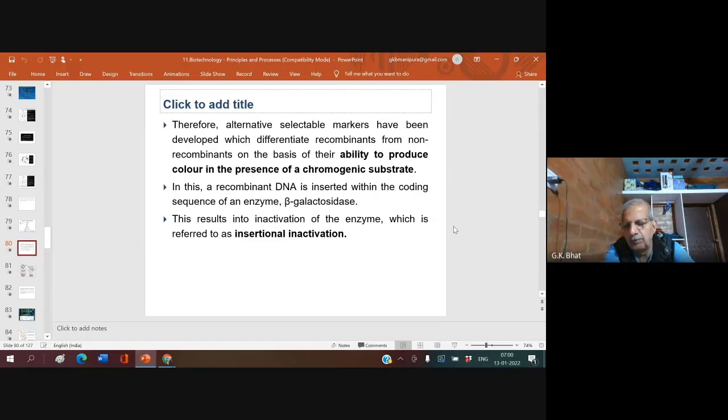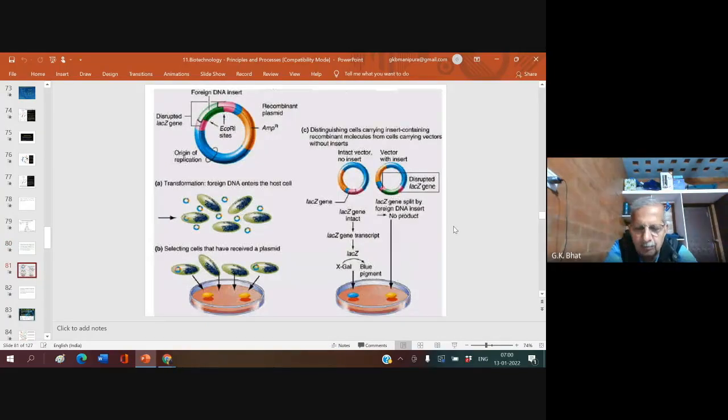I'll come to this point; I'll go forward and come back. Now, look here. This is a plasmid, and this plasmid already has recombinant DNA. It is a recombinant plasmid, with the gene of interest inserted into it.